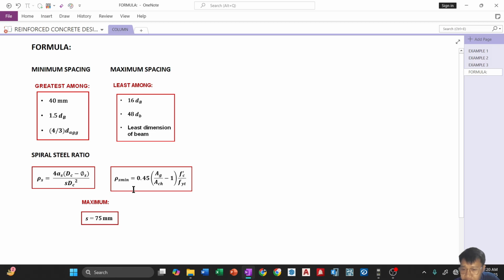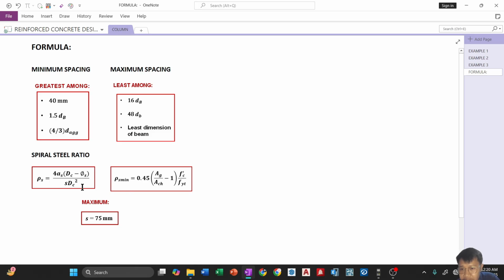Now, yung na-solve natin na minimum, i-equate lang natin yan dito sa actual still ratio for our spiral, no? Actual still ratio for spiral is equal to 4AS diameter core minus diameter of the spiral over S DC square. Yung AS dito ay parang AV lang din nung ating shear reinforcement before, no?